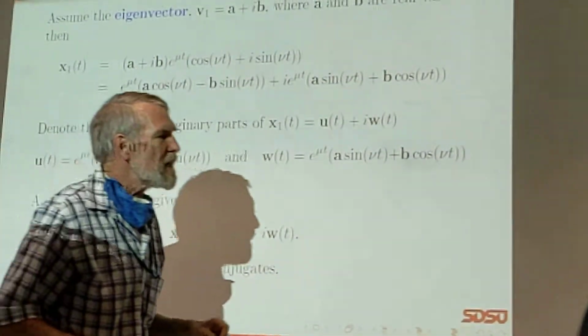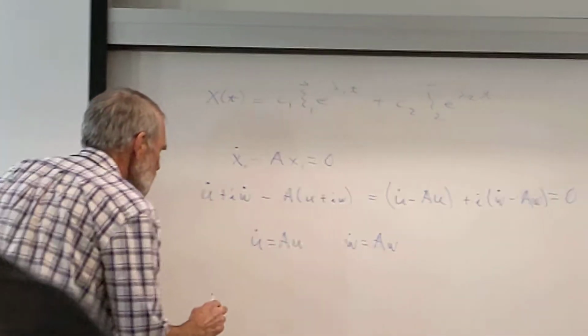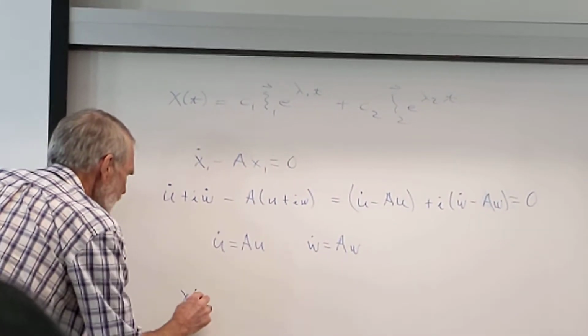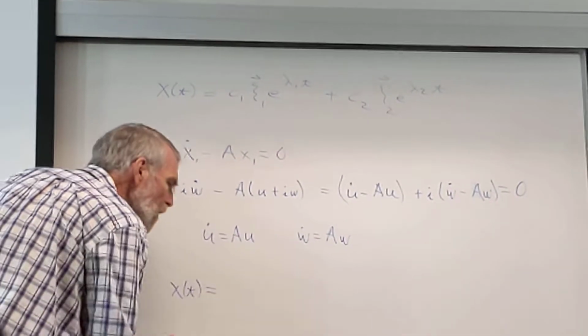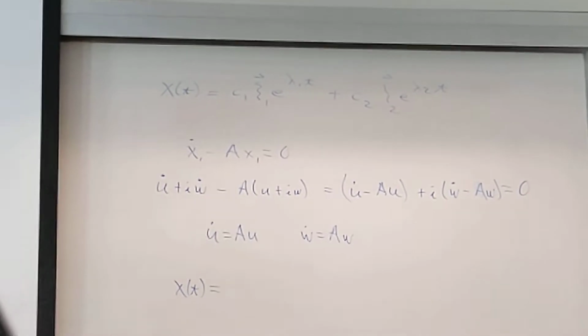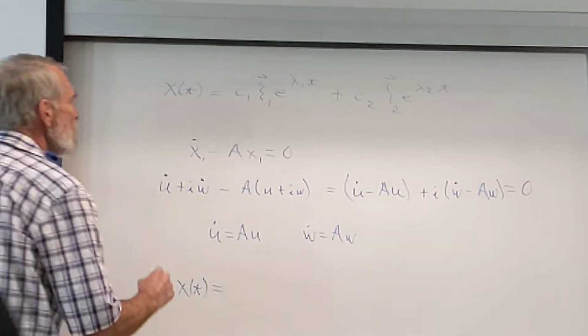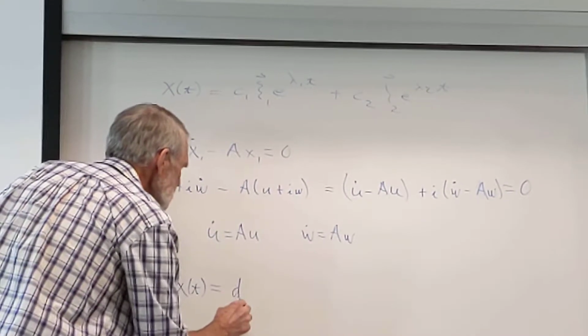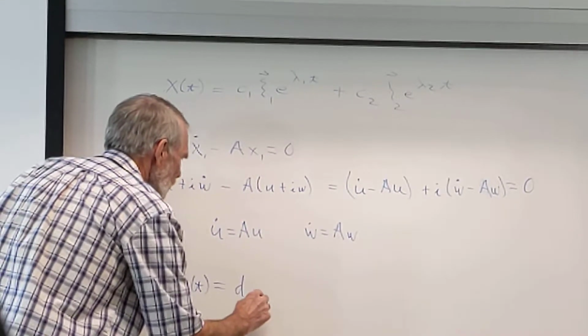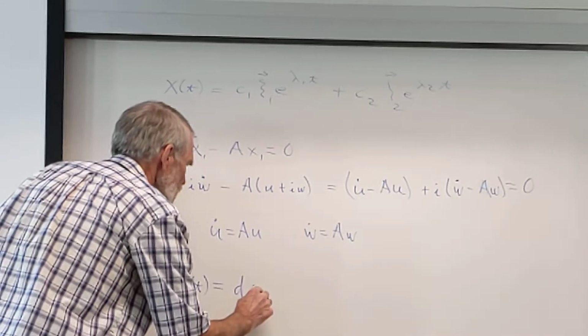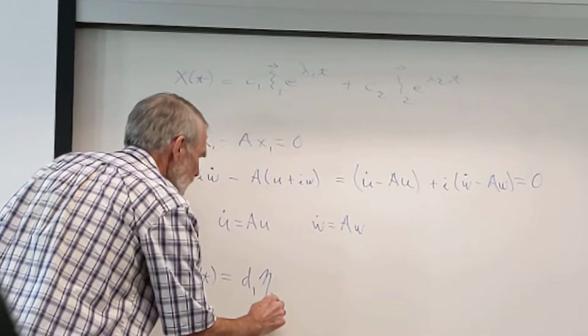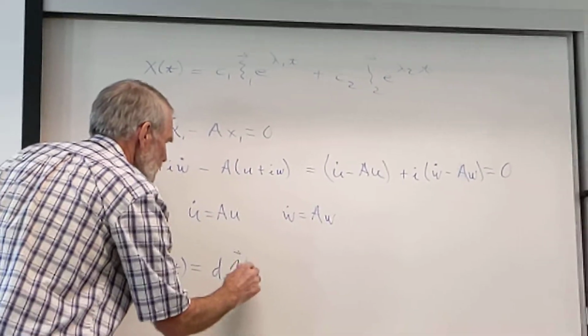So what that tells me is that I can now come down here and write my x of t as just another linear combination, and we'll use different coefficients here.